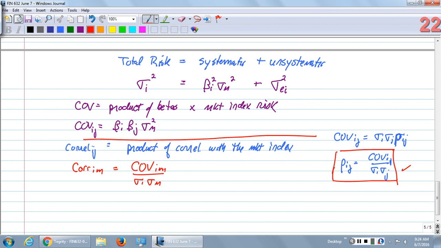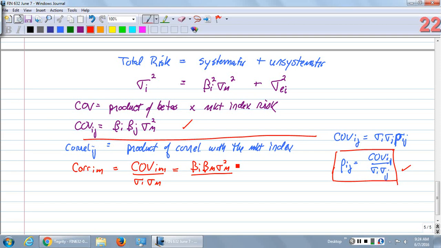Well, we just established above what covariance is. So the covariance of asset I with the market, we're going to take the beta of asset I times the beta of the market, looking above where covariance is, times the variance of the market. Okay, that's covariance in the numerator.